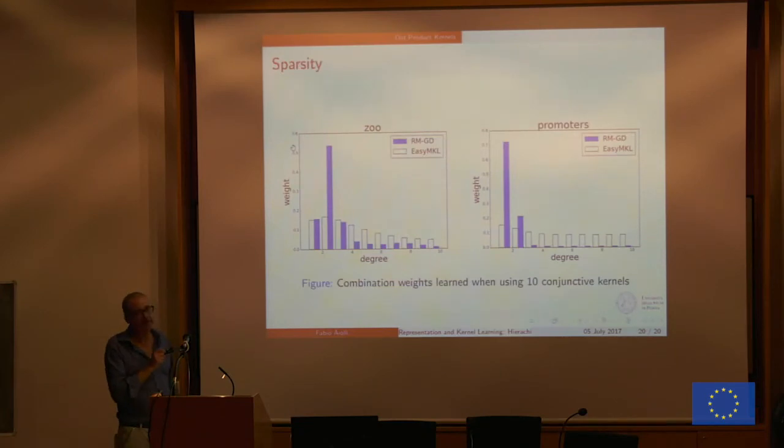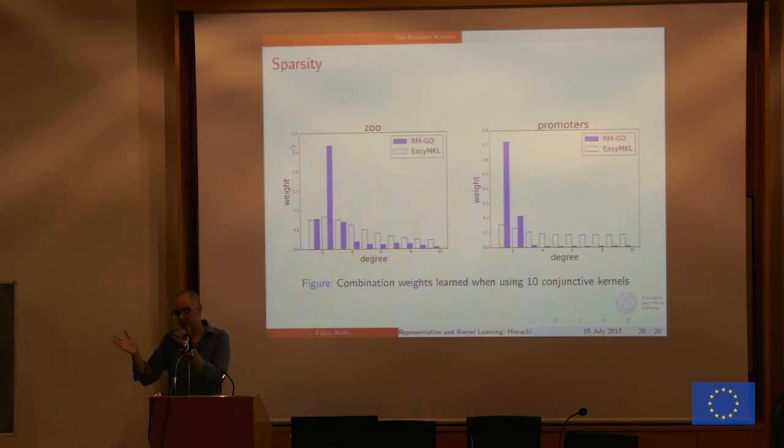One thing we can say is that if you try to minimize the radius, considering too many kernels is in some sense increasing the dimensionality of your representation.